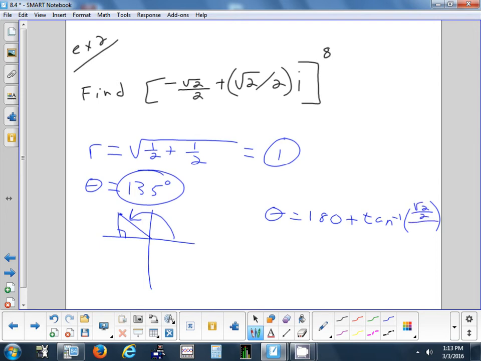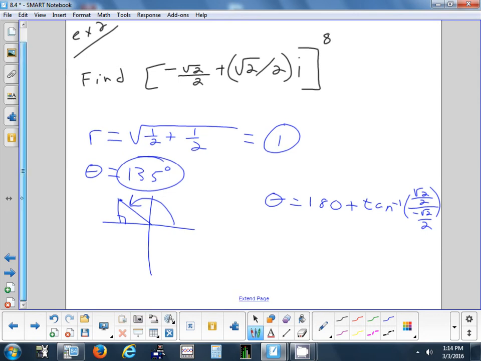What's y divided by x in this case? It's really just the inverse tangent of -1. If you take the inverse tangent of -1, you get -45 plus 180. There's your 135.